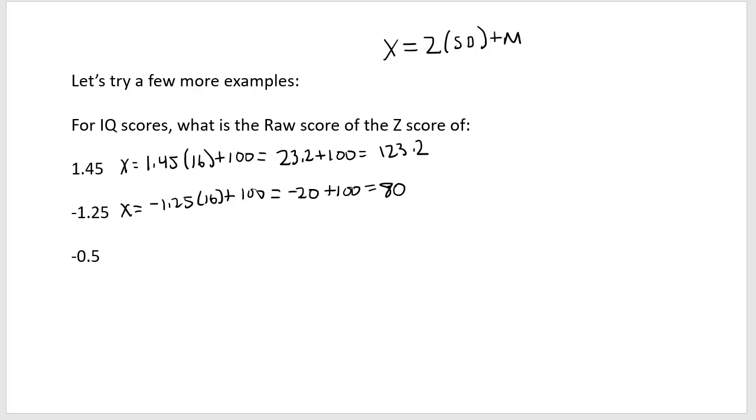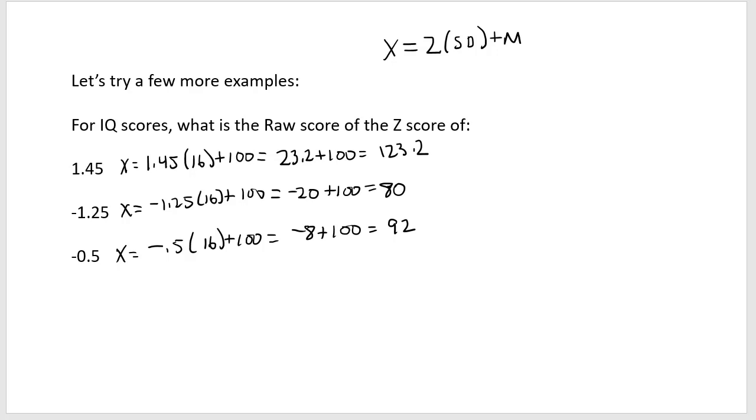And the last example, x is equal to negative 0.5 times 16 plus 100, which is equal to negative 8 plus 100, which is equal to 92. If you had a z-score of negative 0.5 on an IQ scale, you would have an IQ of 92.